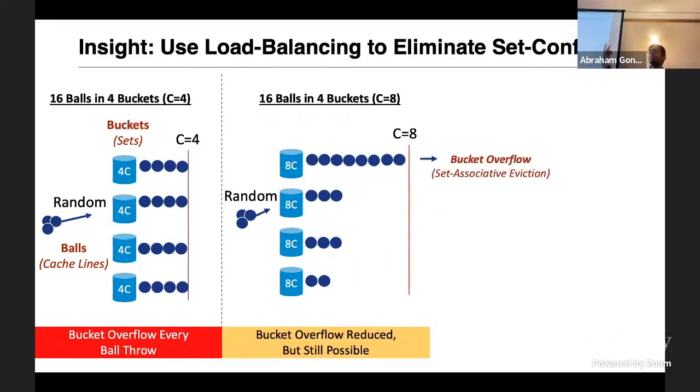But there can still be skews in the distribution of balls in buckets. If you throw randomly, some buckets might indeed have all of the capacity inside that bucket filled. So the probability of bucket overflow is reduced, but it is still possible.